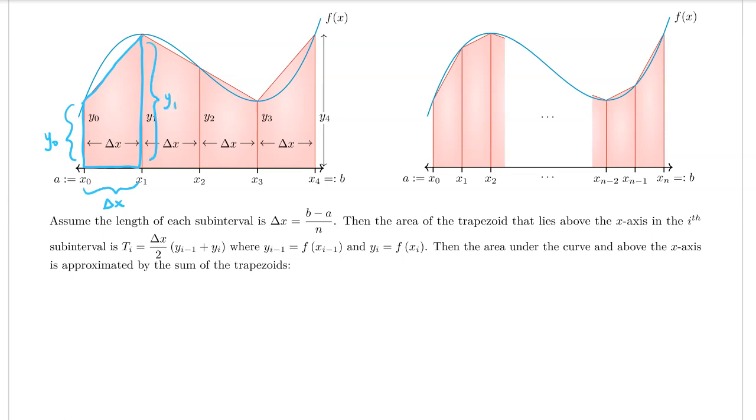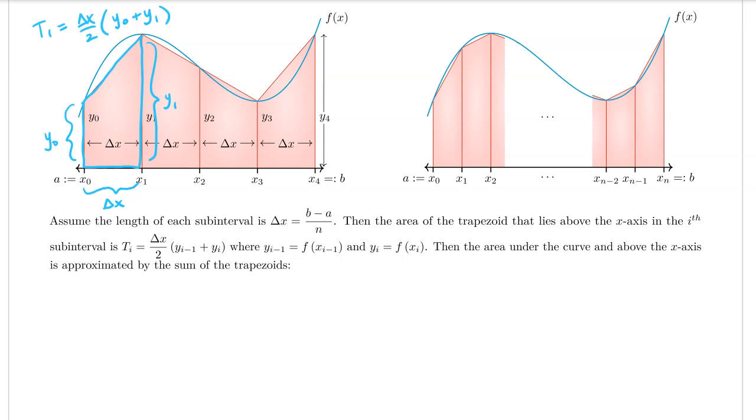So for the very first trapezoid, we call it T sub 1. That would equal delta x over 2 times y sub 0 plus y sub 1, and that would represent the area of the very first trapezoid.